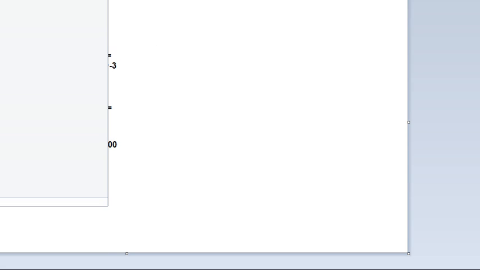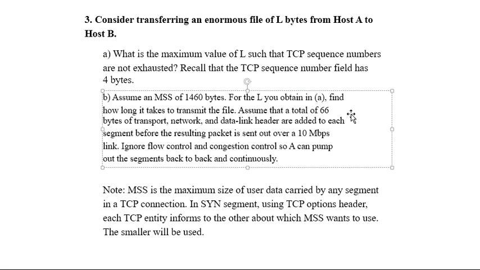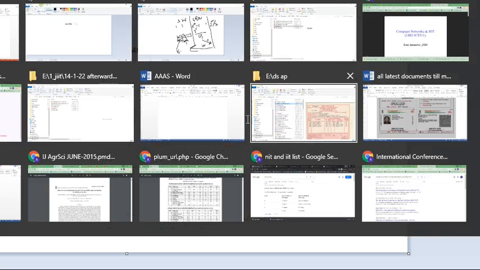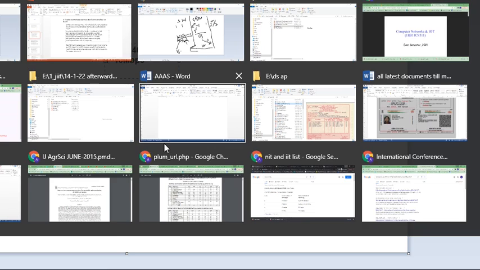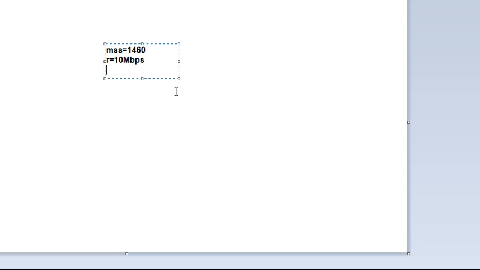If you draw it, MSS is 1460 and the bandwidth is 10 Mbps. So R given to you is 10 Mbps, megabits per second. Now what is also given to you? A 66 byte header.